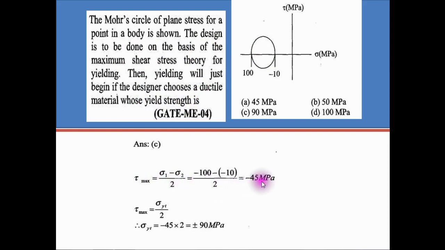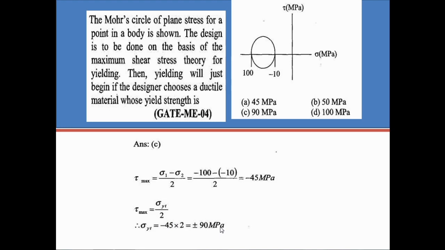We get minus 45 megapascal by substituting the values, and according to maximum shear stress theory, the tau max is equal to half of the yield stress in tension. So substituting the value of tau max here, we get yield stress in tension equal to minus 90 megapascal.